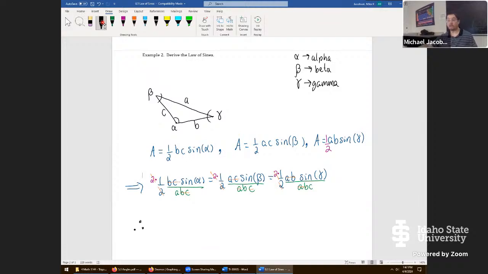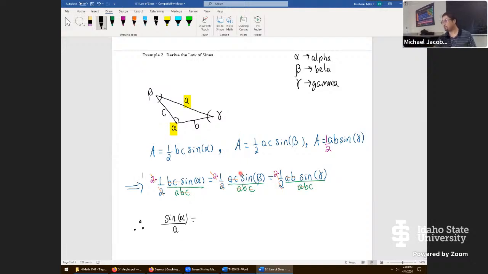And all we're doing to derive the law of sines at this point is just writing down the sole survivors. It is sine alpha over A. And notice that pattern. You have alpha and its opposite side A. You're just taking sine of one end, dividing by the other end. So that's our first one.